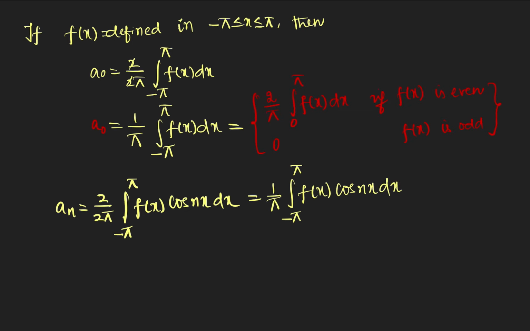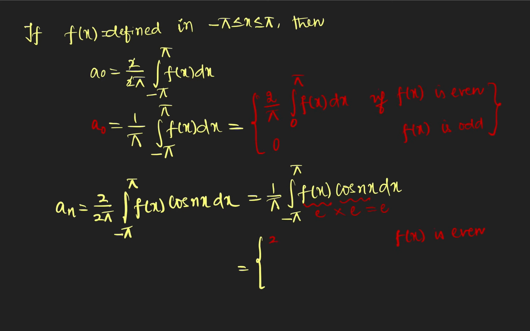Now if f of x is even, cosine is also even, even into even is an even function.